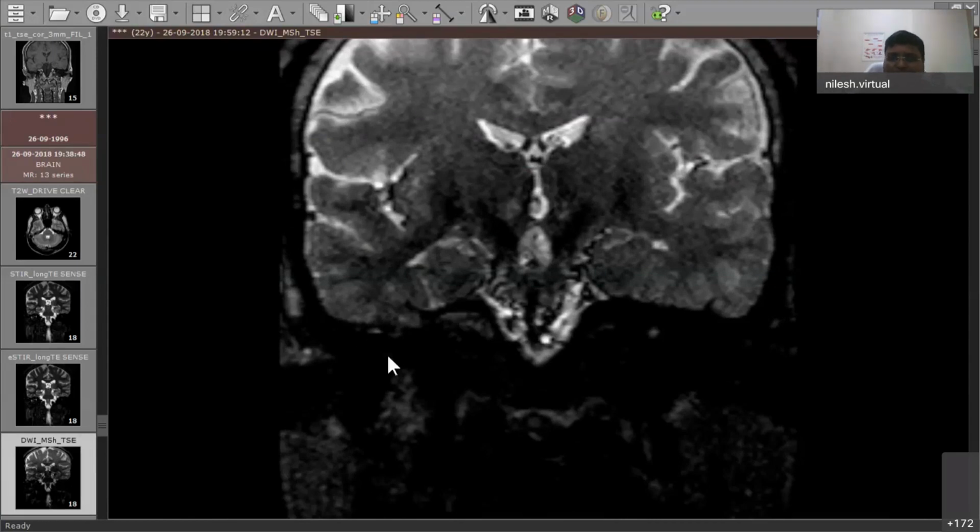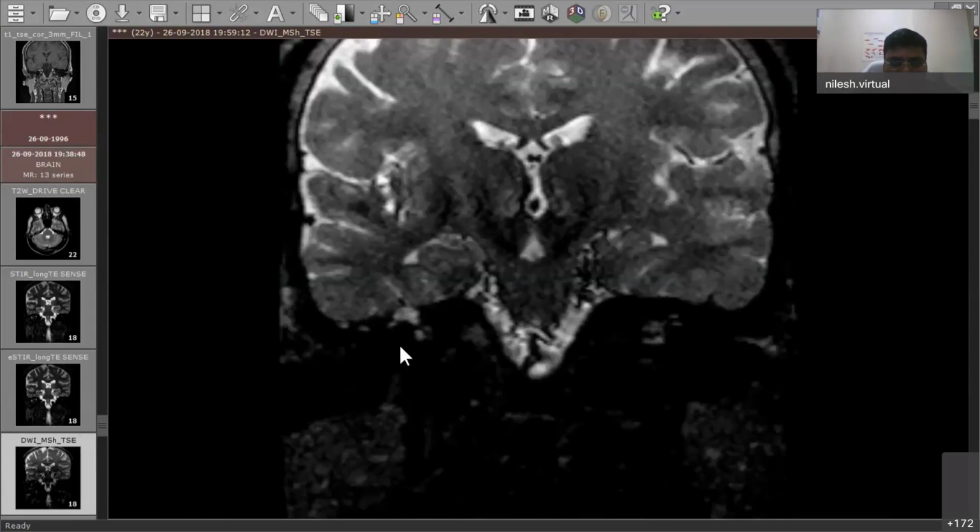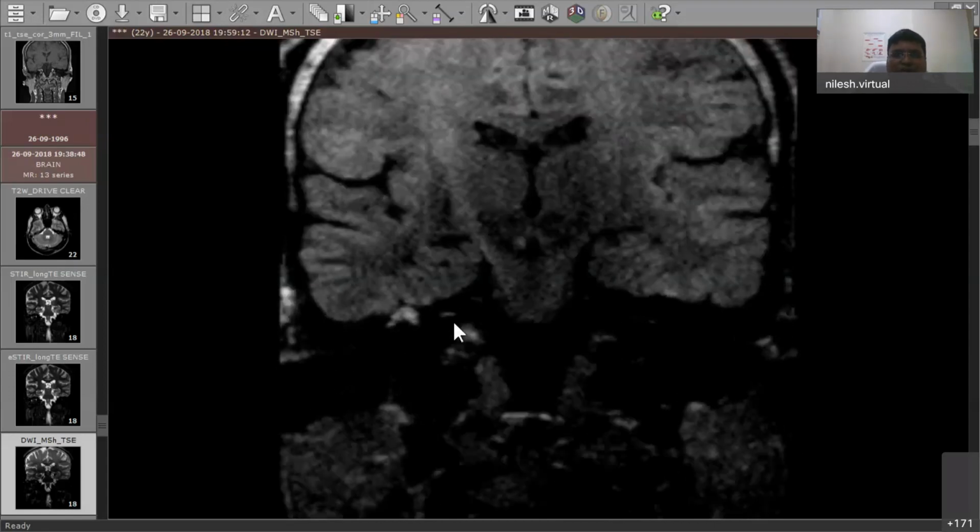If it is a bright focus, it means it is restricting the diffusion, and that is the characteristic of cholesteatoma. So we'll find out if anything. See here, you can see bright signal here, which is restricting to the diffusion. That's why it is looking bright. So on non-echoplanar DWI imaging, we came to the conclusion that this soft tissue is nothing but the cholesteatoma.